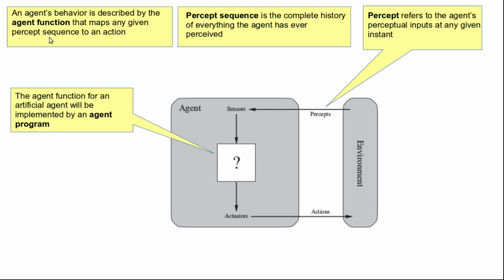Whereas the agent function is an external specification, the agent program is something internal. The agent function may be a specification, like a table we write to specify the agent behavior. When the agent function gets implemented in a program, it becomes the agent program.